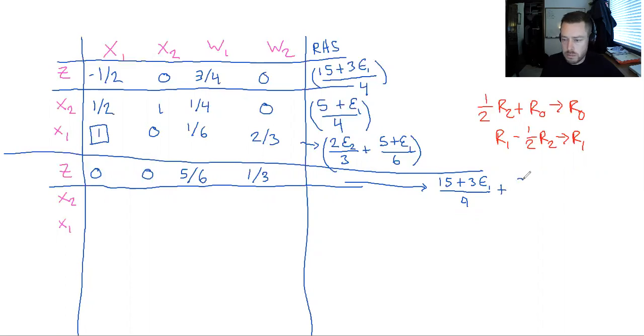So it's gonna be epsilon 2 over 3 plus, and that's going to be 5 plus epsilon 1 over 12. Right? And this guy should be a 4. Oops, keeps turning into 9.